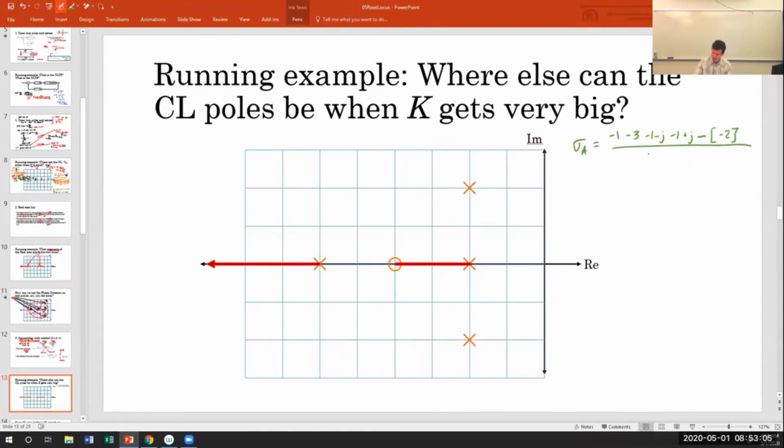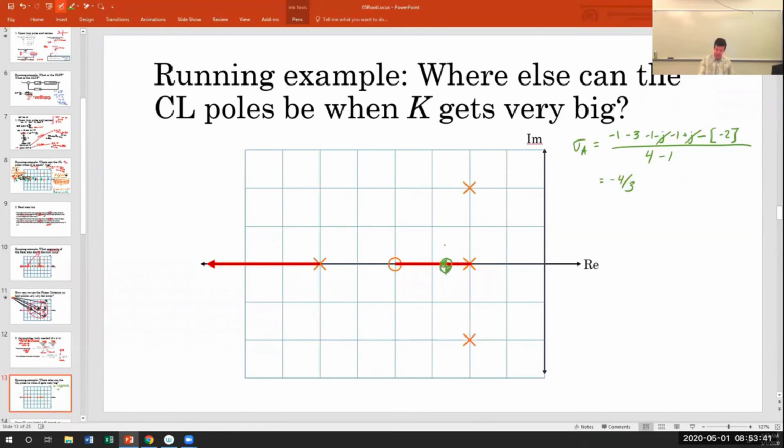And we normalize by the fact that there are 4 open loop poles and 1 open loop zero. So, good news, the minus j and the plus j will cancel. And so on top we get what? 1, 4, 5, 6, -6, and then 2 up, so that gets to -4. So this is -4/3.